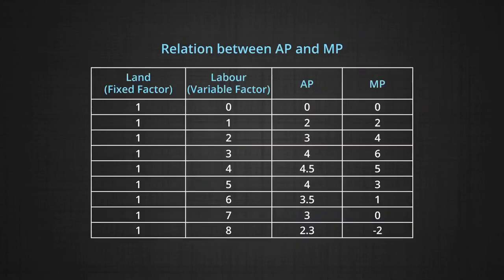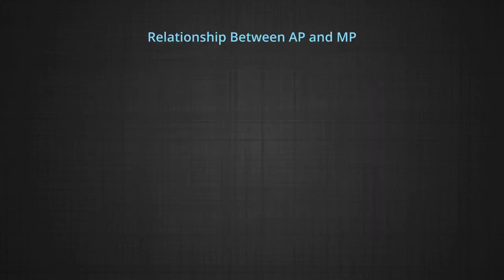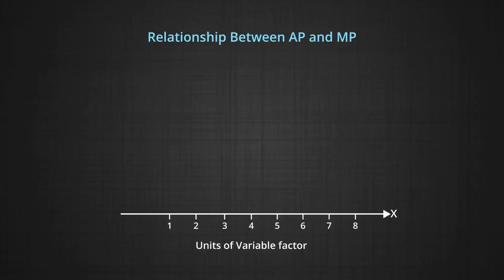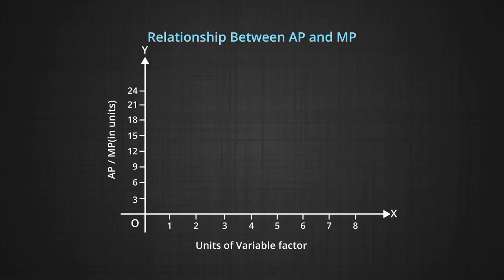We can show the relationship between the average product and the marginal product by this diagram on your screen. On the x-axis, we have taken the units of variable factor as before, and on the y-axis we have MP and AP.